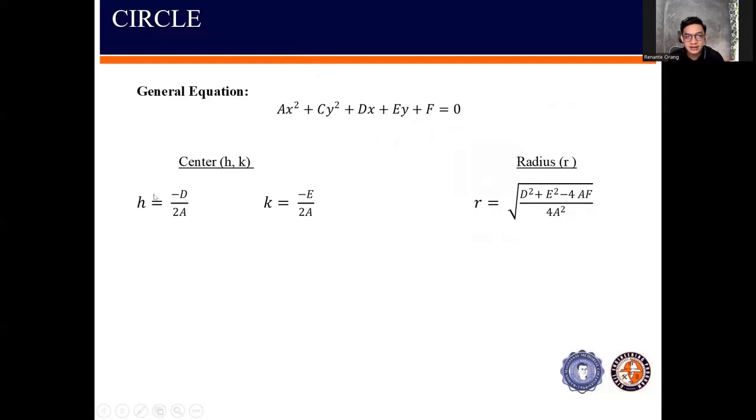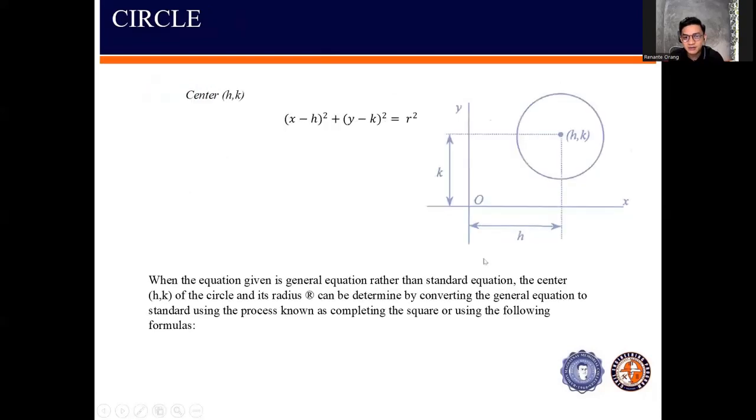To get h, it is equivalent to negative d divided by 2a, while the value of k can be obtained by negative e divided by 2a. And r can be solved using this formula, which is the square root of d squared plus e squared minus 4af divided by 4e squared for individual. We can also use completing the square.